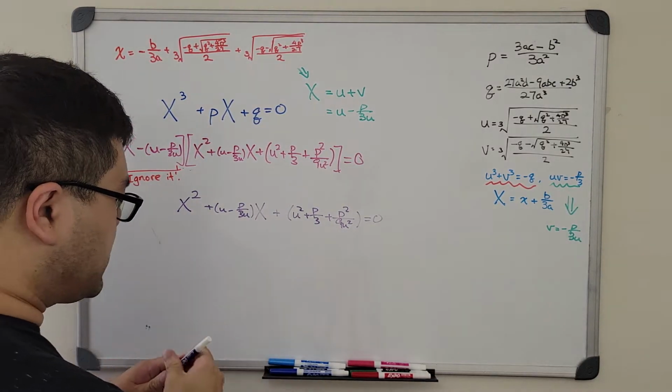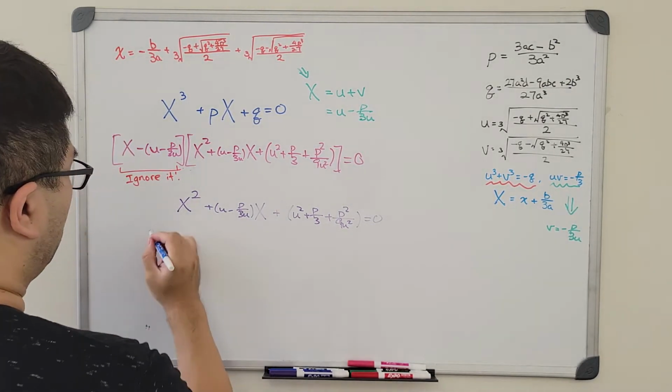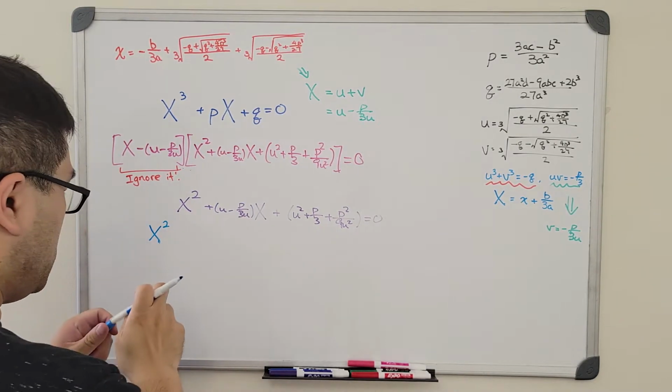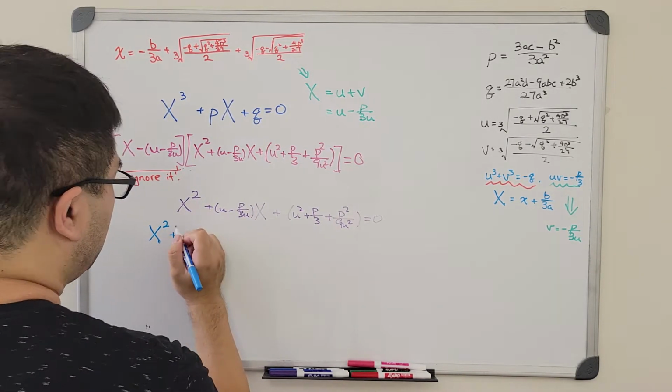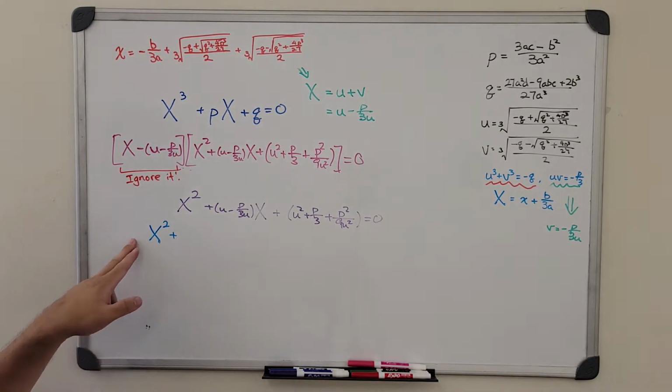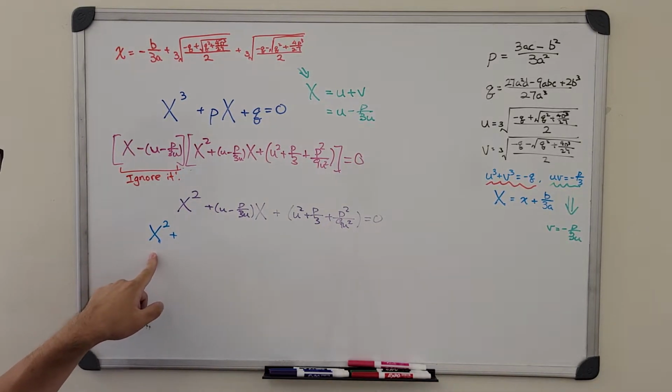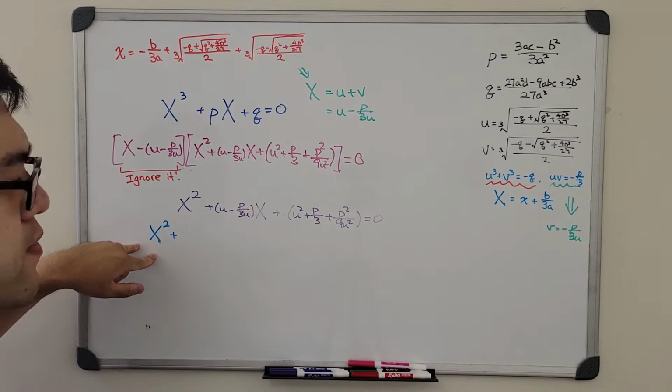So doing that means we have to consider this. In order to complete the square, here for the x squared term, the leading coefficient is 1.